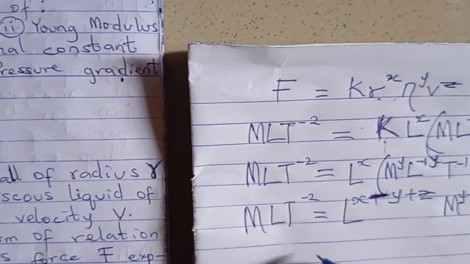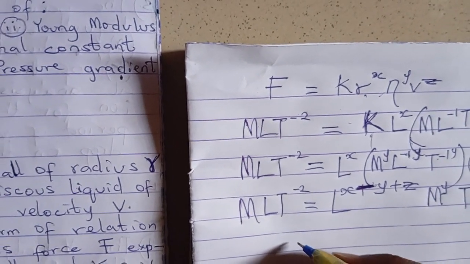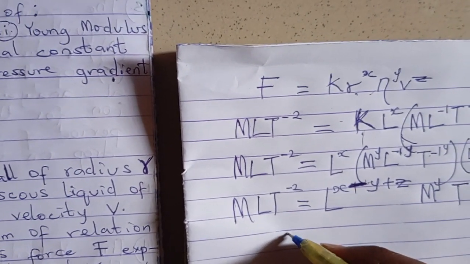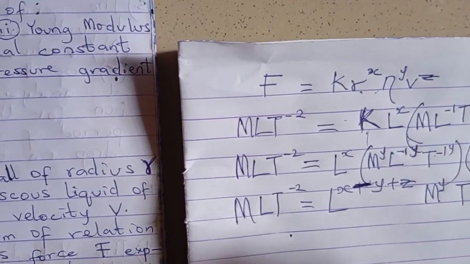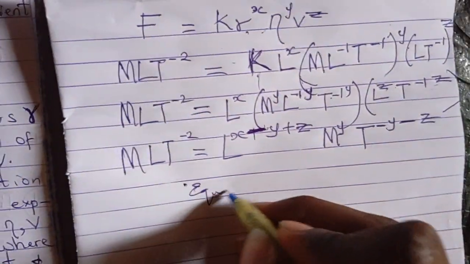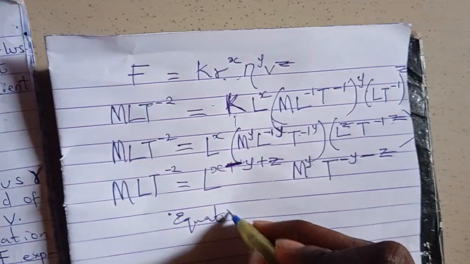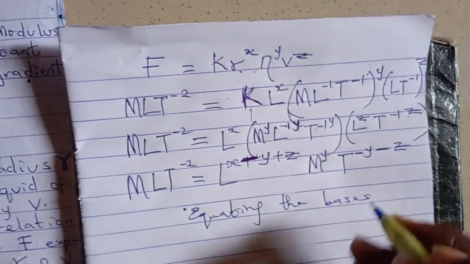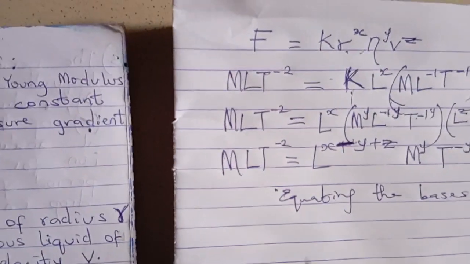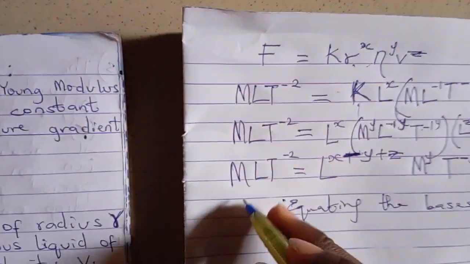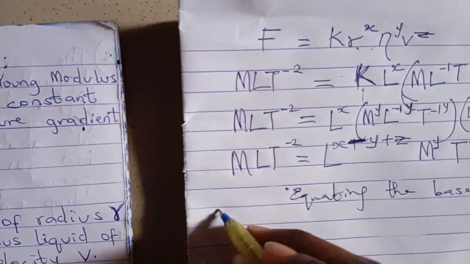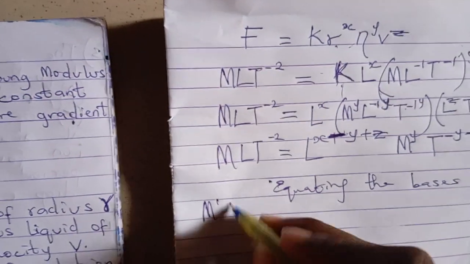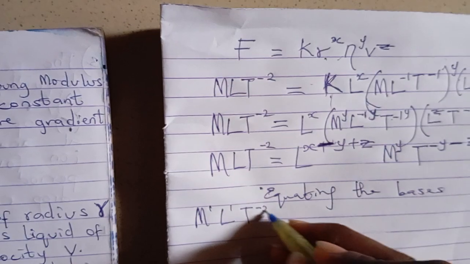So we now do what we call equating of powers, or equating the bases. So if I equate the bases, this is the same thing as saying anything standing on this one is raised to power 1, and this is raised to power minus 2.